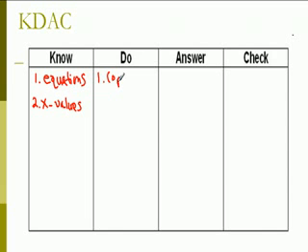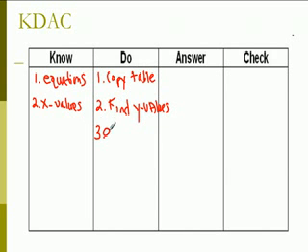We have to copy the table, find the y values, graph the equations, and tell how they are different.